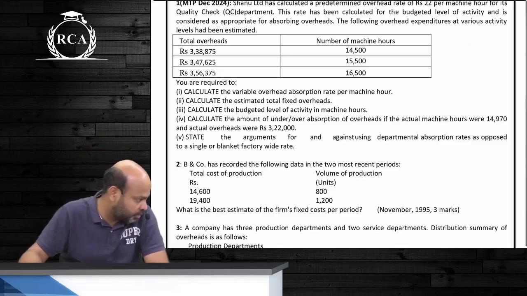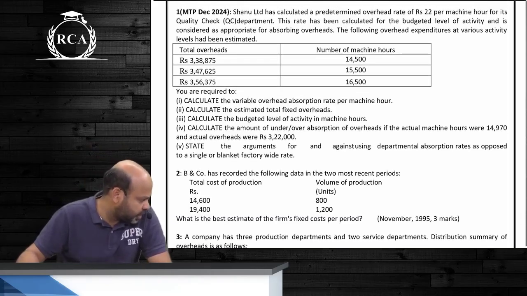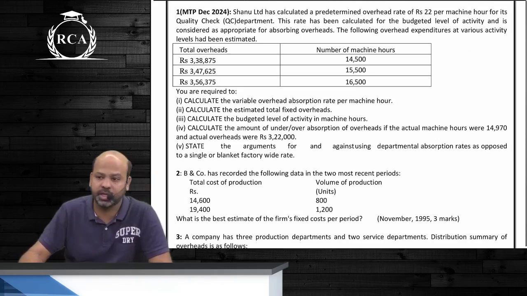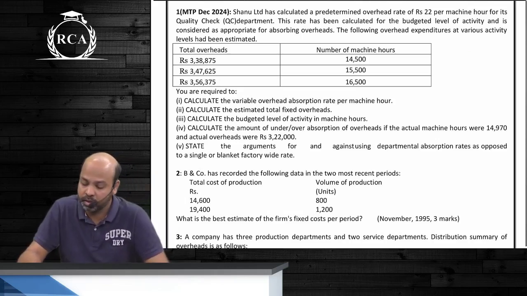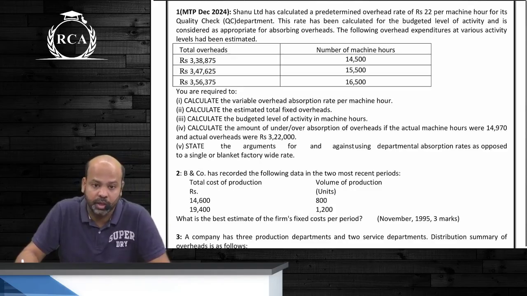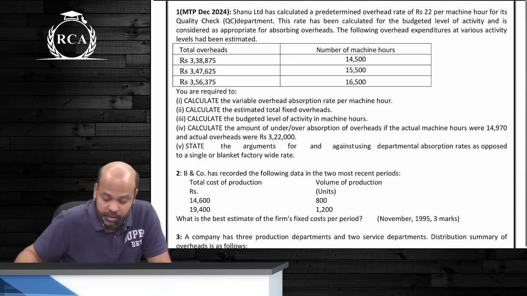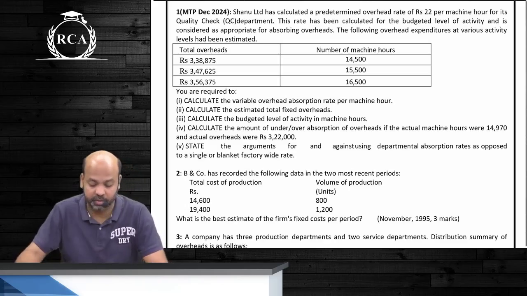Predetermined overhead rate means budgeted rate per hour. It's always budgeted rate only, guys. Alright. This rate has been calculated for the budgeted level of activity and is considered as appropriate for absorbing overheads. The following overhead expenditures at various activity levels have been estimated. Total overheads, number of machine hours are given. You're required to calculate what will be the variable overhead rate per hour and what will be the estimated fixed cost.